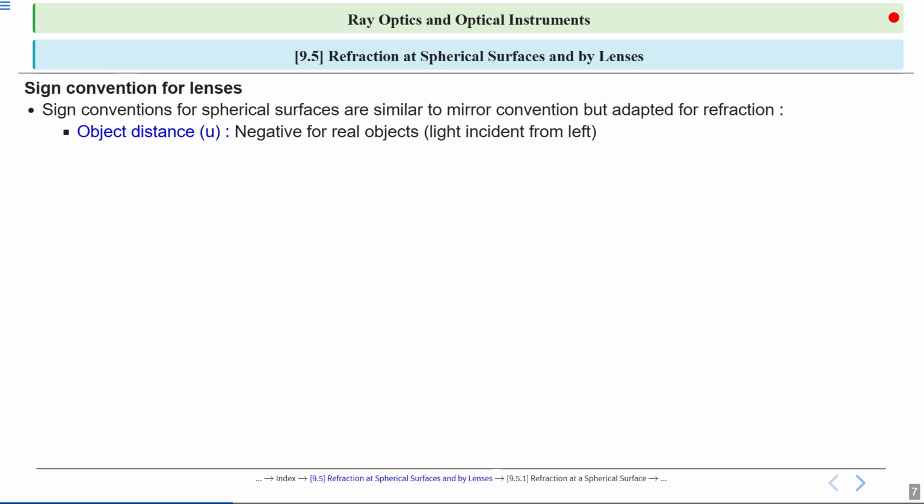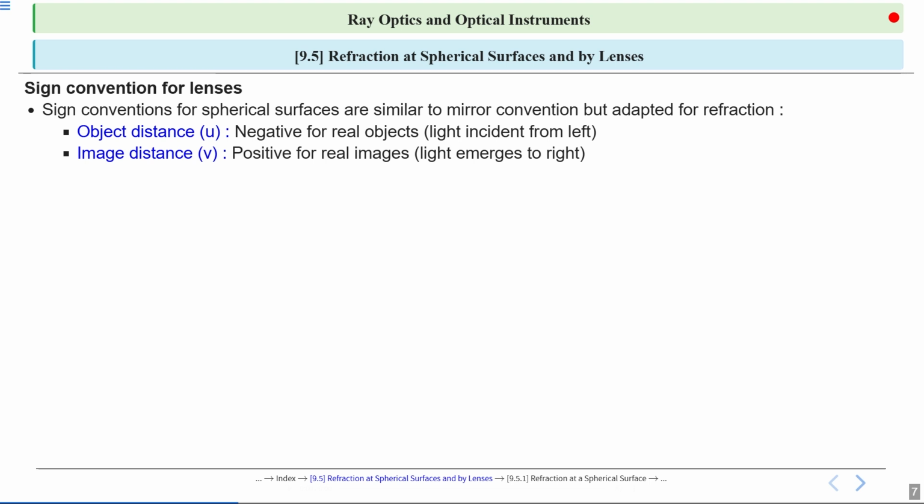We measure every distance from the pole, or from the optical center in the case of lenses, in the opposite direction of the incident light. That's why object distance for a real object is taken as negative. This means when light is incident from the left, we consider the object distance as negative. This convention helps us maintain consistency in our calculation.